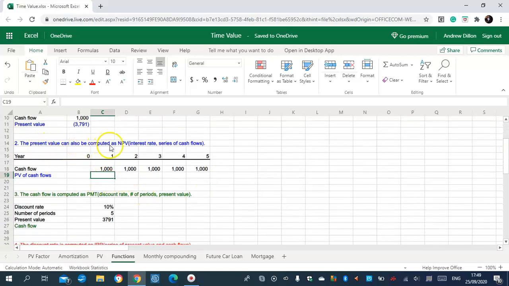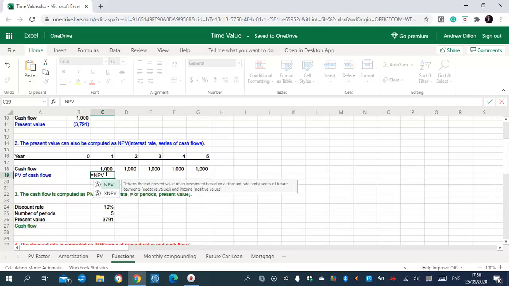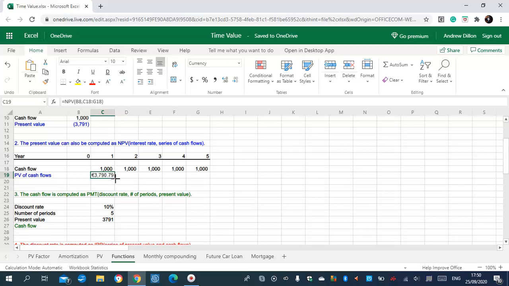Present value can also be computed as net present value, interest rate, series of cash flows. Okay, that looks correct.